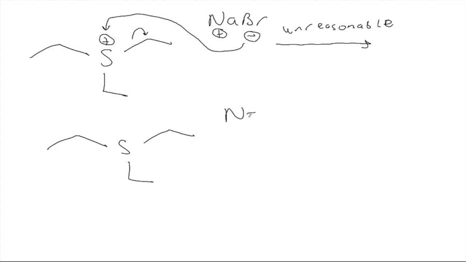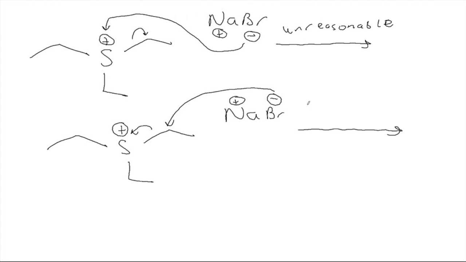So how could we fix this? Well, would this be reasonable? Yeah. Now, we've changed the arrows so the positive charge is at the end rather than in the middle. So based on what we've seen so far, these seem like reasonable arrows. Good.